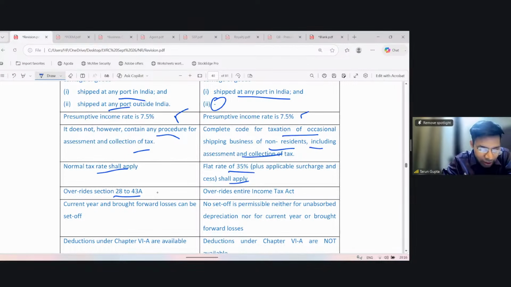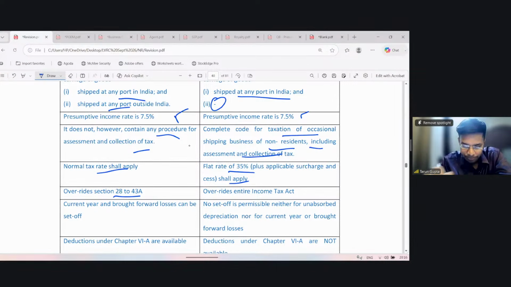Section 44B overrides Section 28 to 43A. However, 172 overrides the entire Act. So 44B overrides the PGBP head only, but 172 overrides the entire Act. Since it only overrides the PGBP head, the current year loss or brought forward losses can be set off under Chapter 6 against the income determined in Section 44B.